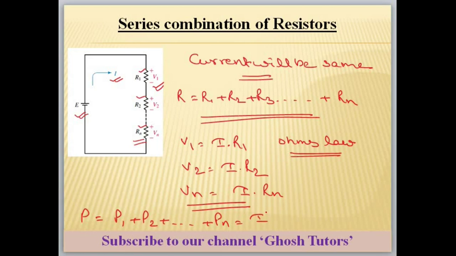P means I square R, so I square R1 plus I square R2 plus up to I square Rn. Power is additive and resistance value is also additive in series combination. Current will be the same; the same current I will flow throughout all the resistors.